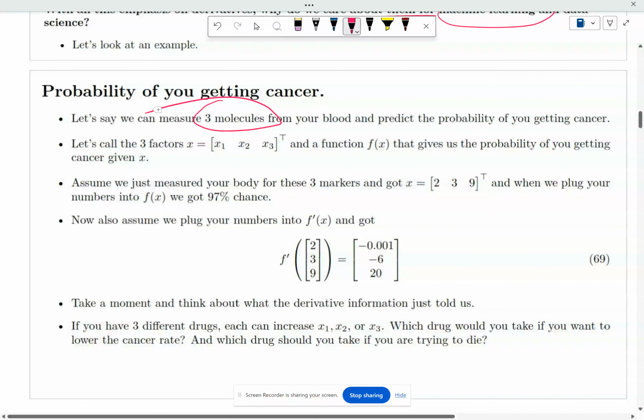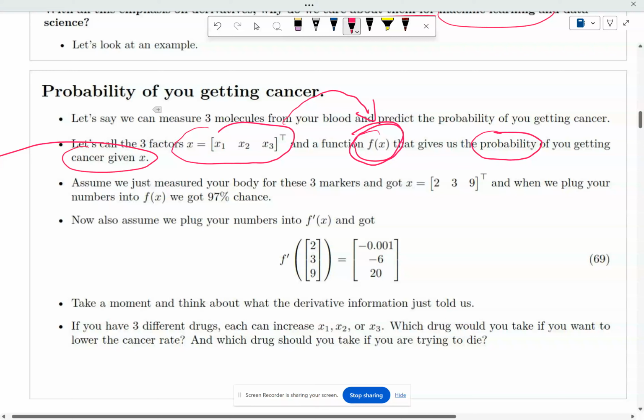We don't know what these three molecules are, but after you measure them, we have identified a function. When you plug these three molecules into the function, it gives us the probability of you getting cancer. So it predicts cancer likelihood. That's what the function does.